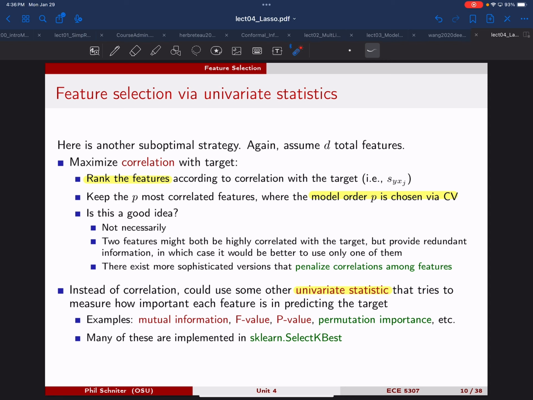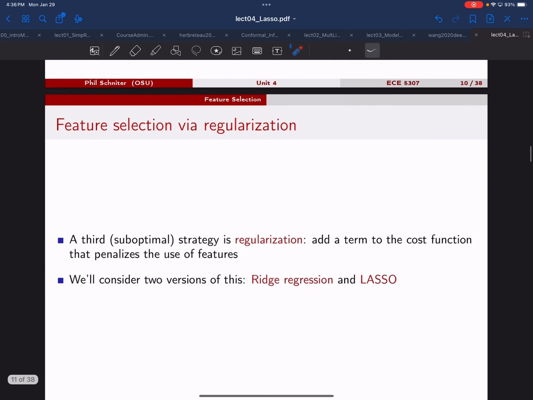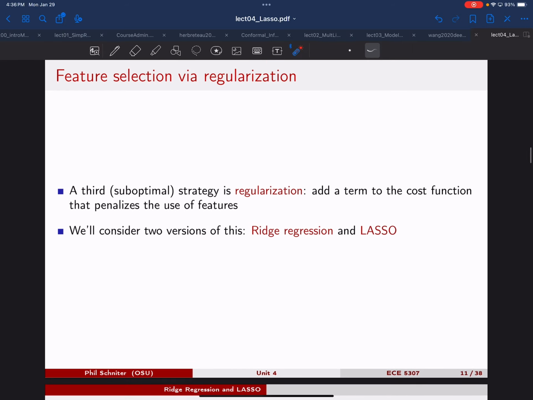Okay. So then we'll spend most of our time working on this third class of methods, which are based on what are called regularization. And the idea behind regularization is that you take your original cost function, which for us has been RSS, but it could be some other cost, and then you add to it a term that somehow penalizes the use of a lot of features.